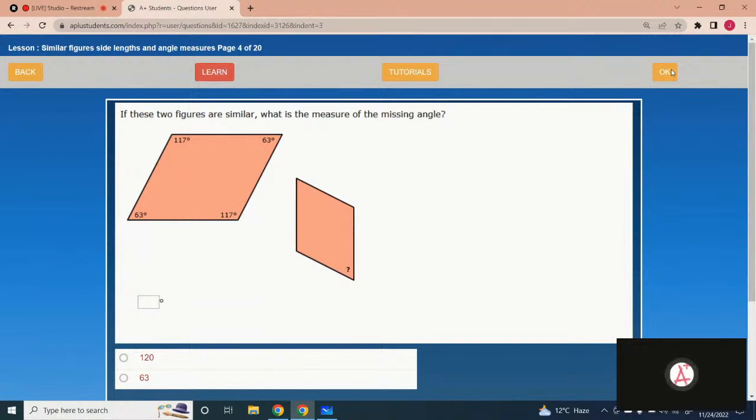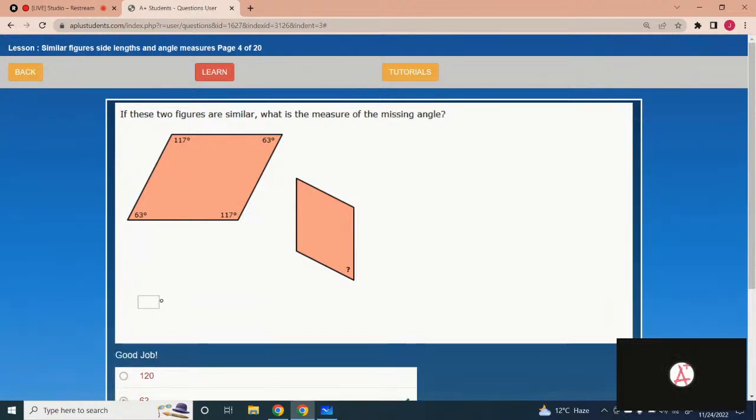When you rotate the figure, this is corresponding to this one. Just rotate this figure. Got it? It would be corresponding to 63 because you have to match the corresponding parts. So when you rotate the figure, it would match to the 63. So the correct option is 63.